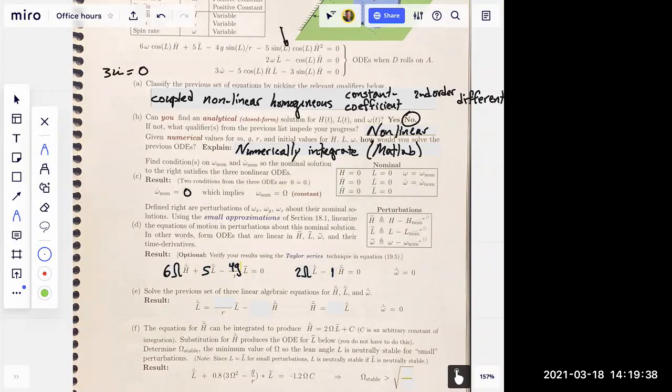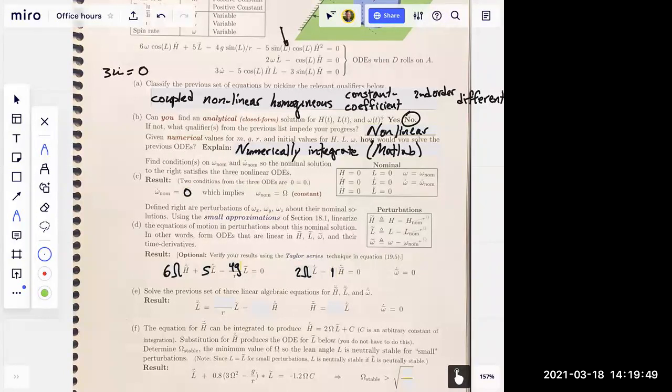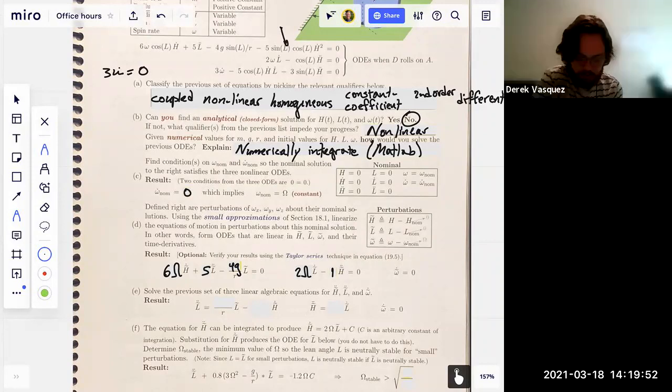Okay. I may be confusing myself and may have missed something, but how are we able to transfer that into capital omega, which is a constant? Yeah, so let's see here. Small angle approximations, linearized equations of motion. Basically, we're going off of small perturbations from our state variables.